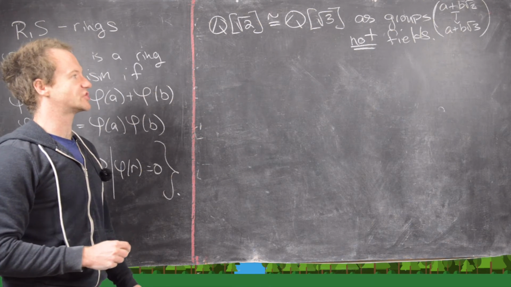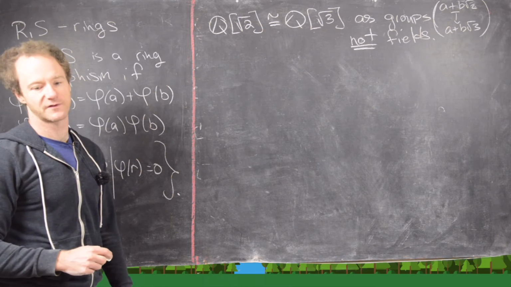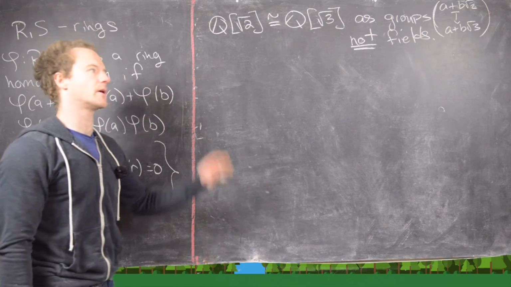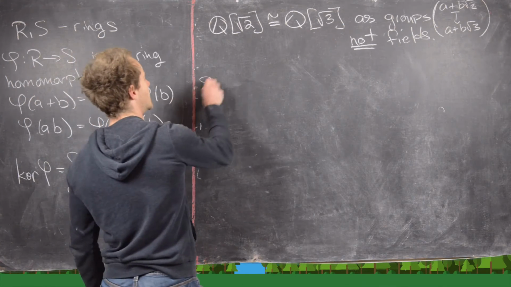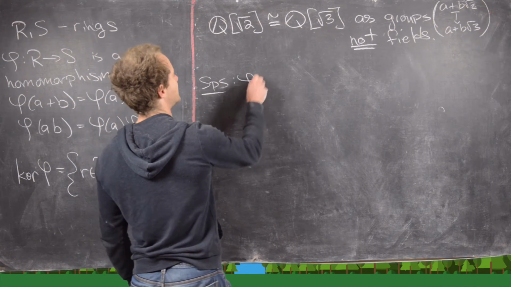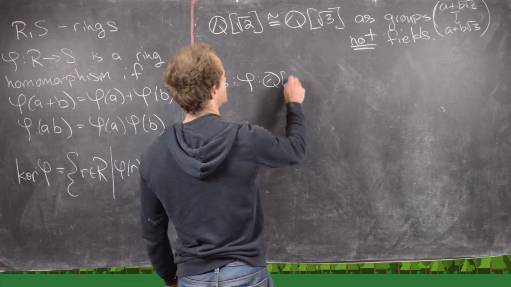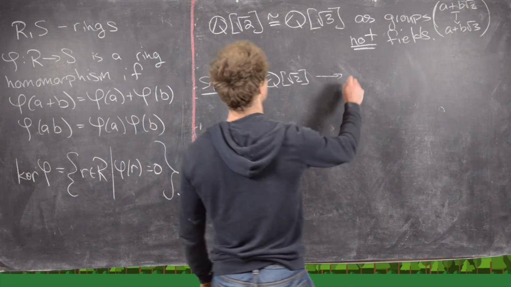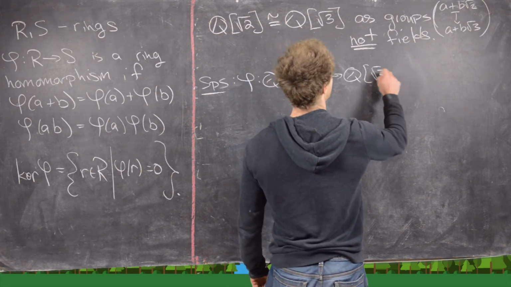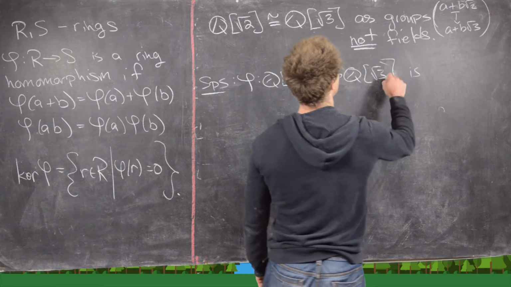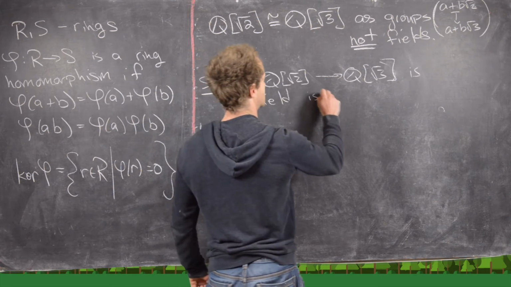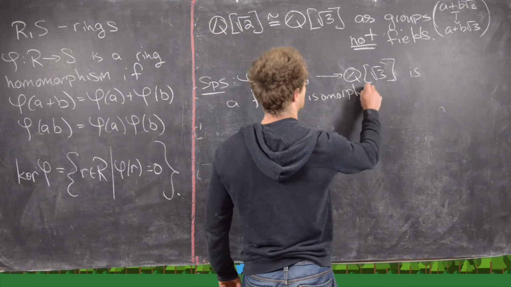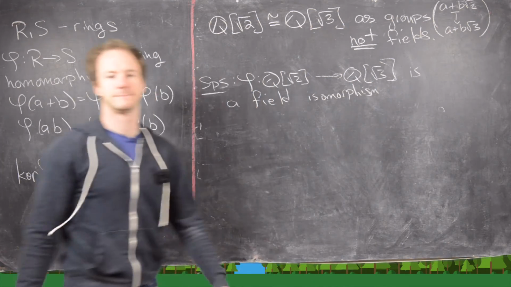Now let's go ahead and show that they cannot be isomorphic as fields. So we'll do this using pretty much the same strategy that we did for our last example. So let's suppose that phi from Q adjoin root 2 into Q adjoin root 3 is a field isomorphism. Okay.